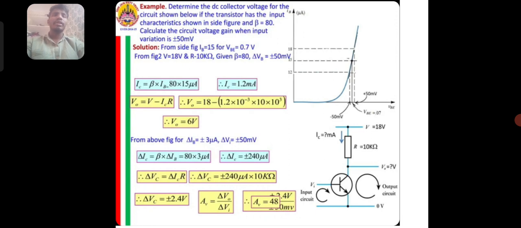Solution: from the figure, IB is equal to 15 microamps for VB is equal to 0.7 volts. VCC is equal to 18 volts, R is equal to 10 kilo ohms, beta is equal to 80 and delta VB is equal to plus or minus 50 millivolts. And it is the simplification of this example.